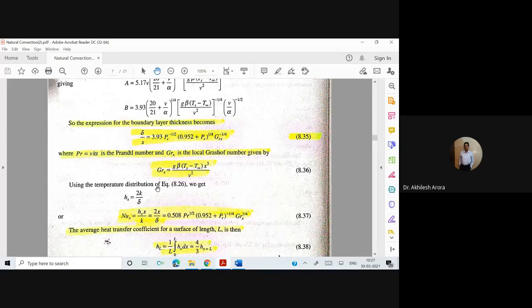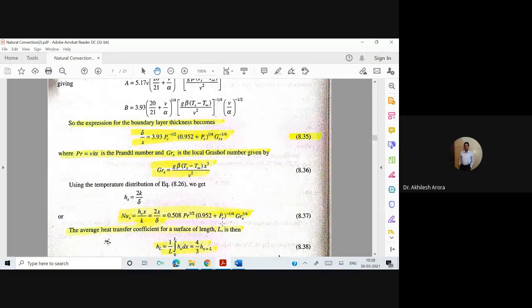Using the temperature distribution equation, we can get the value of hx as 2 times k divided by delta. Now what is this delta? This delta is the velocity boundary layer thickness. So this is the value of hx, and from this equation, if I multiply by x and divide by k, I get the local Nusselt number equation.